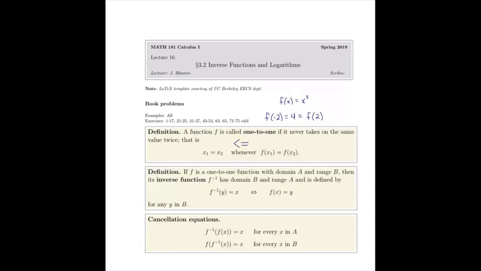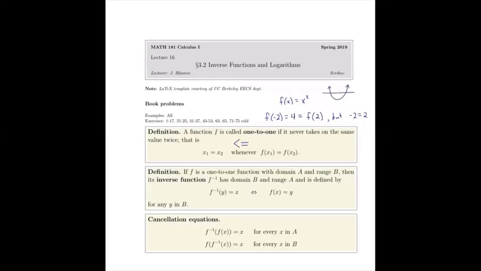However, we don't have that -2 is equal to 2. In other words, we've got two different inputs for the function that give the same output, which means it's no longer one-to-one. And of course, we remember what this function y equals x squared looks like as a graph. Well, it's a parabola opening upward. And we all know that a parabola is not going to pass the horizontal line test, namely at a y value of 4, right?